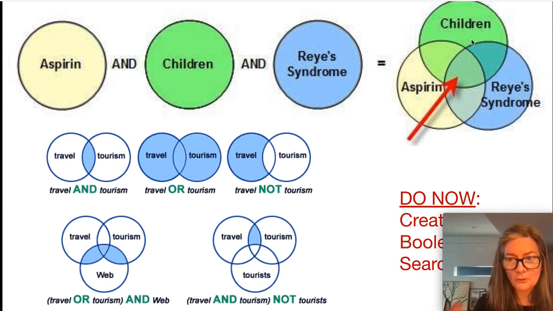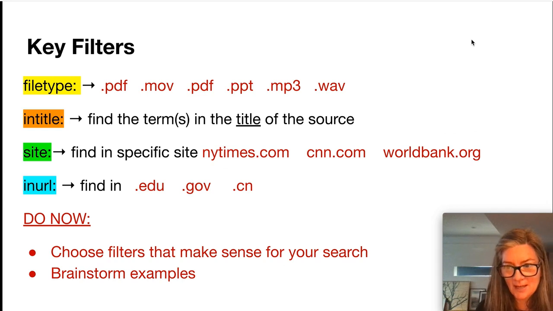I'm not going to go through all of these right now, but the point for you is think about what you really want, look at the results as they come in, and start to piece together, I want this and this, or this, not this, and you can build what we call a search string with some of these operators.